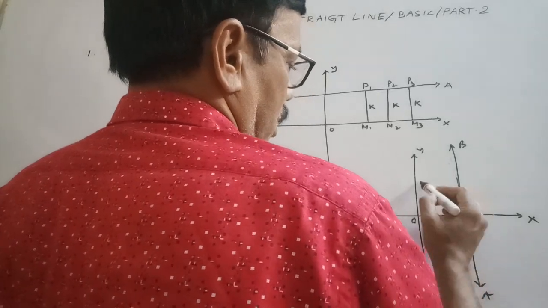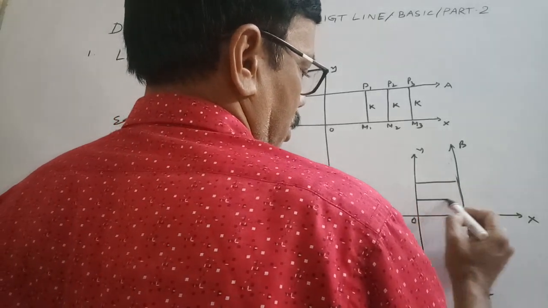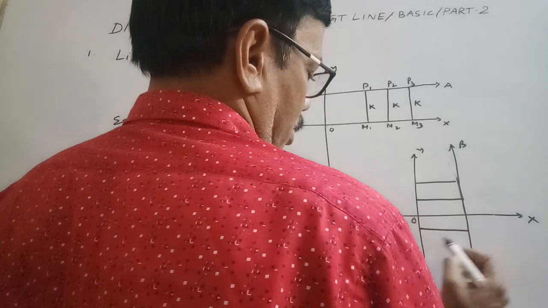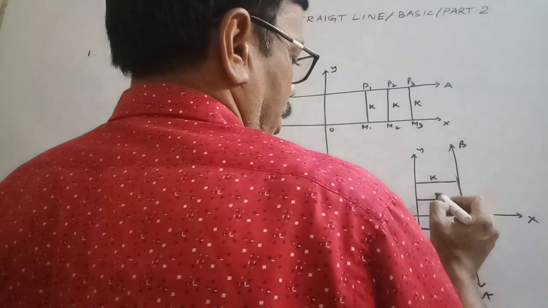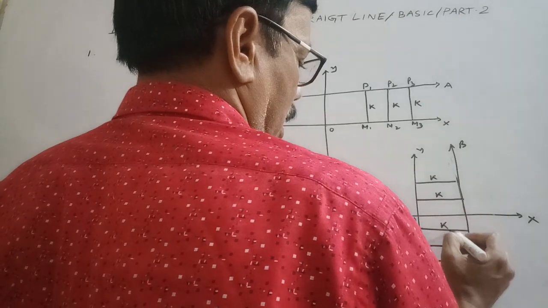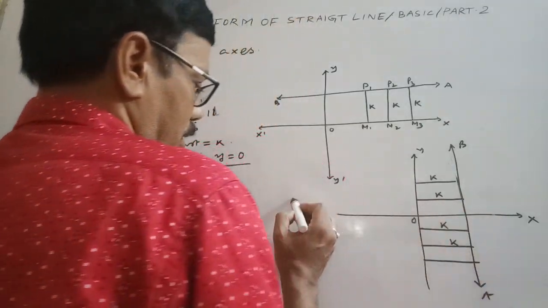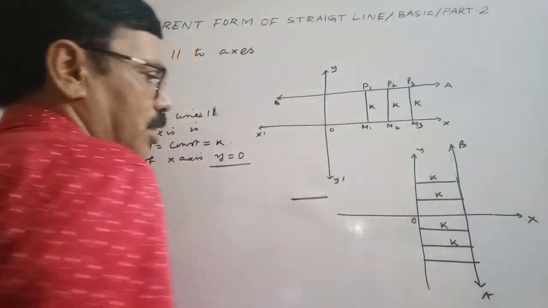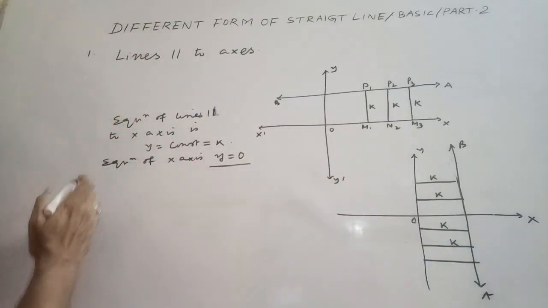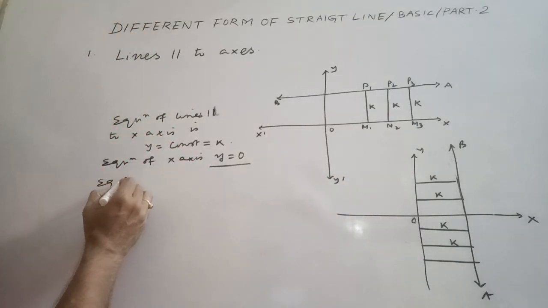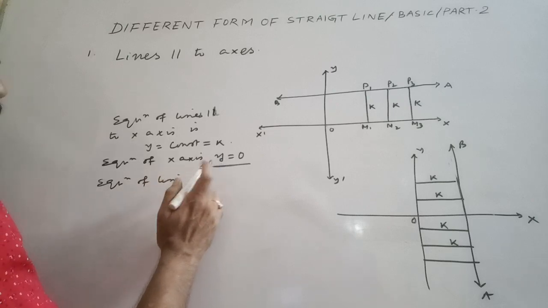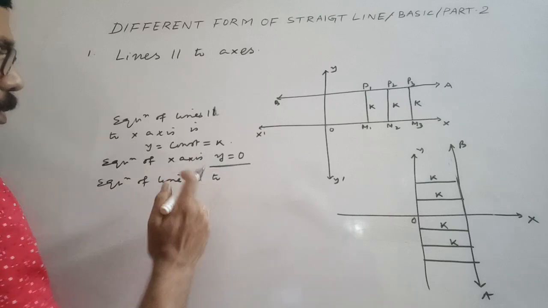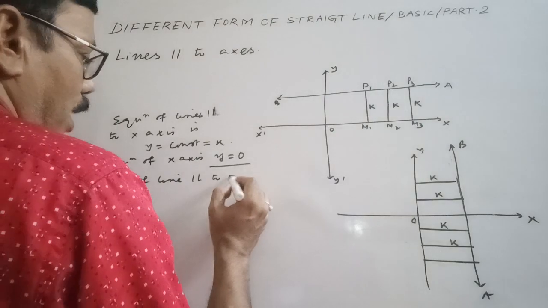Now look, this distance, this distance, this distance, they are all constant. So k, k, k. This is the abscissa. So what is the equation of a line parallel to y-axis?